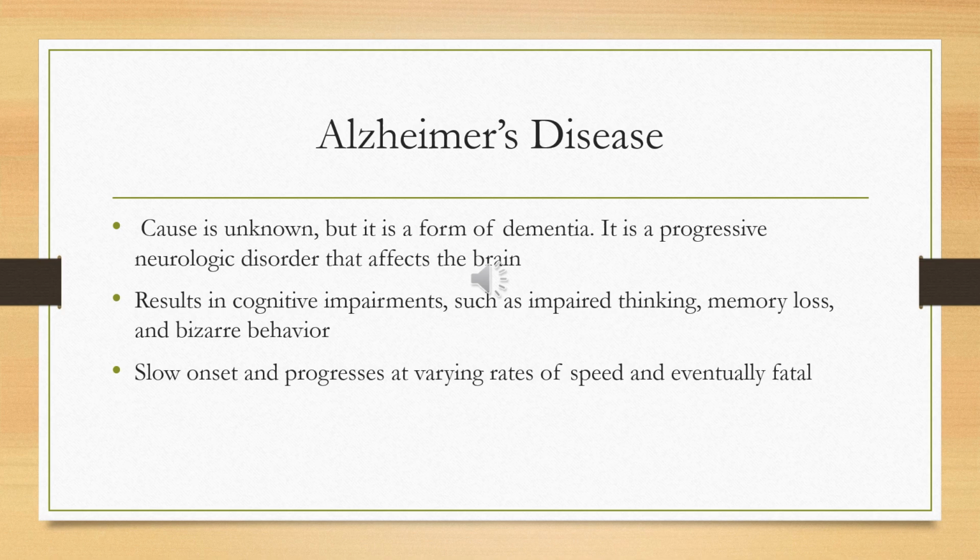The cause is not known, but several factors can contribute to the disease, such as head traumas. It is a slow onset, which is a little different, as we'll talk about later in the semester when we're differentiating between dementia and delirium. But it is a slow onset, and it progresses at different rates for different patients. And like I said, eventually it is fatal.